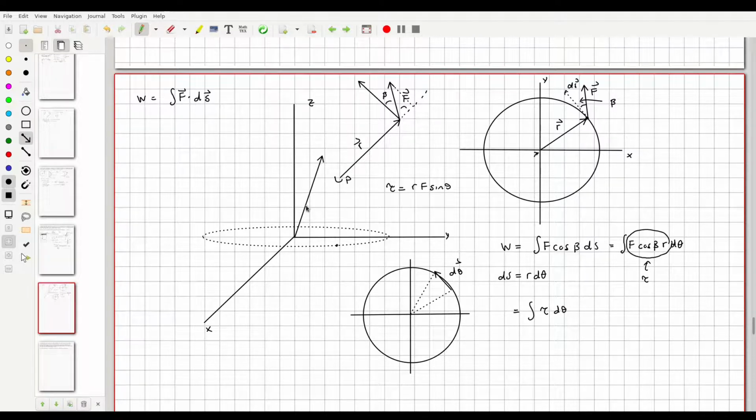Okay. And d theta might be, sort of transposing this to over here, like this. So what we want is the part of the torque that actually is engaged in causing this change.